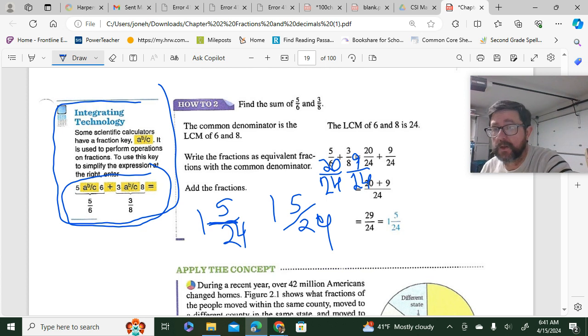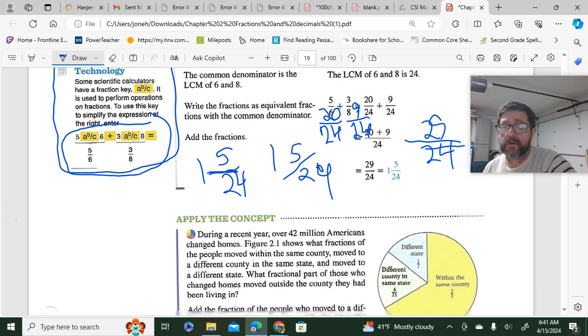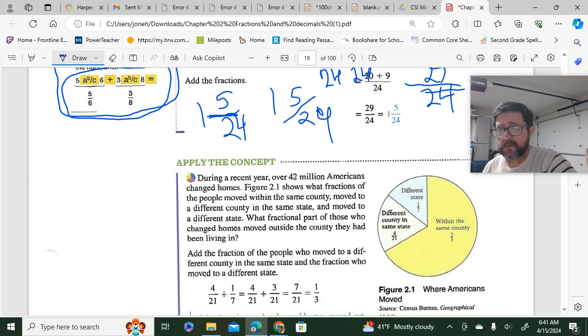So we have a common denominator now of 24, and then we just have to add 20 plus 9 and we get 29. Now, I find using the calculator to be easier. Maybe not so much for this one, but when you get into tougher and tougher, use your calculator.